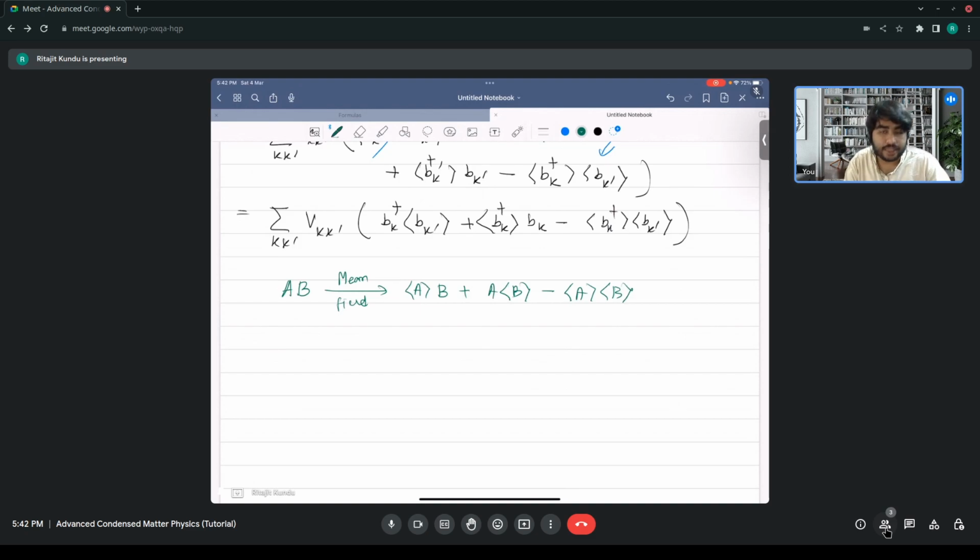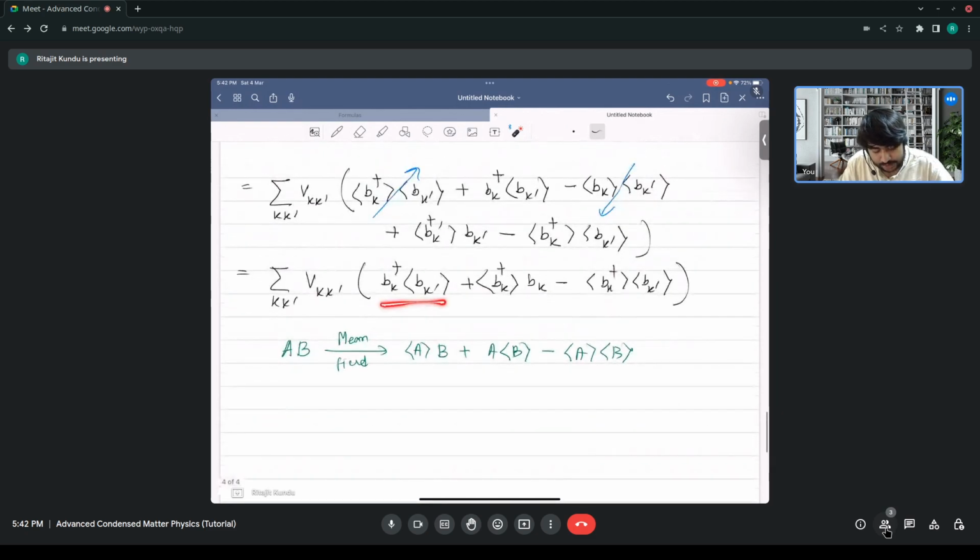You can think that the mean field is like a linear operator which first acts on this one and then acts on this one, and then you have some correction. This is how all mean field works. If you talk about the Ising model, if you talk about the Hubbard model, all of this works like this. This is the standard mean field. So this is the same form.